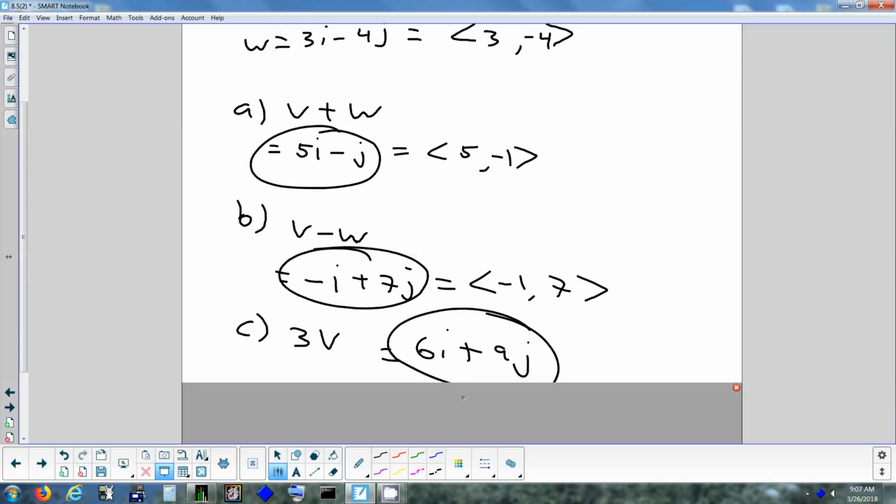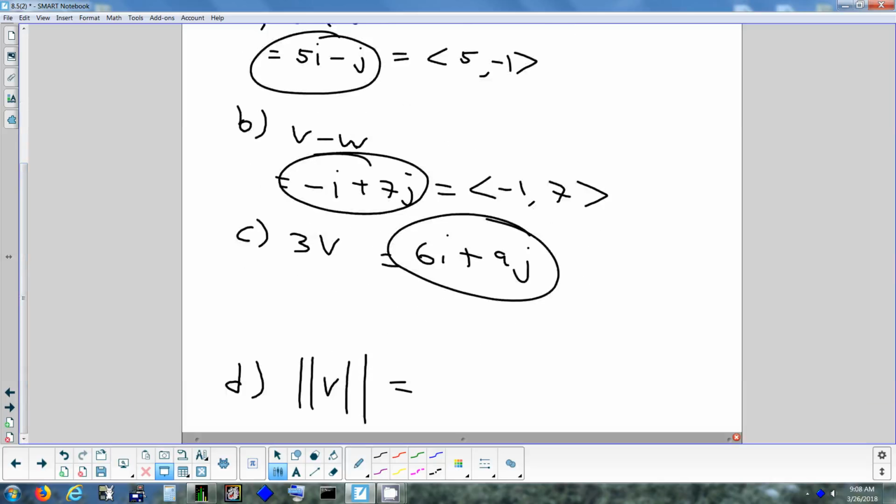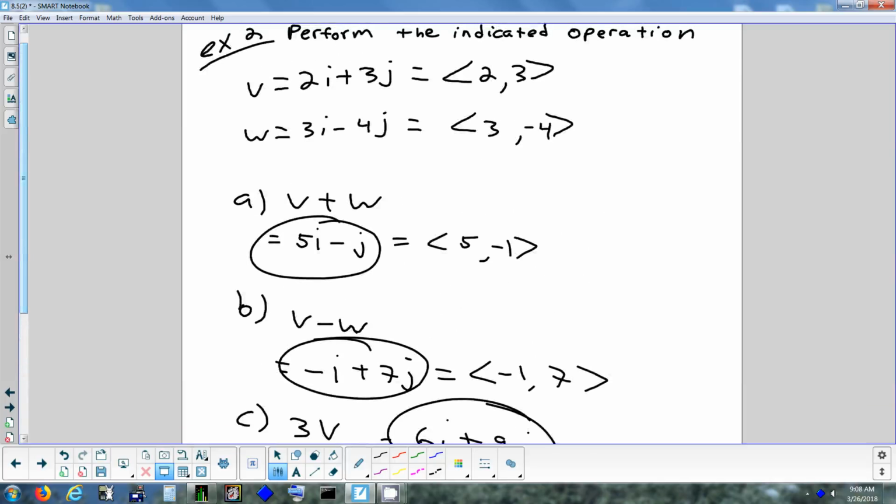Okay, so that's tripling. And the last one we're going to do is also a single vector input. You only need one vector. We're going to ignore W. And that's finding the length of V. Okay, so just look at each component, square them, add them up, and take the square root.